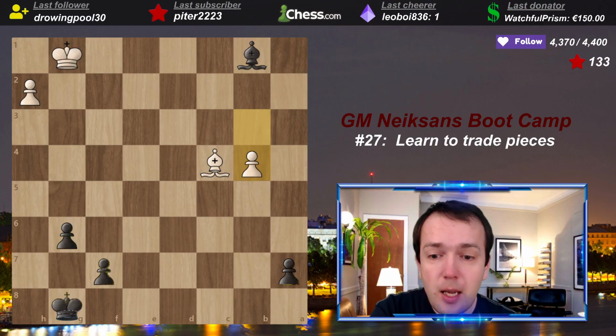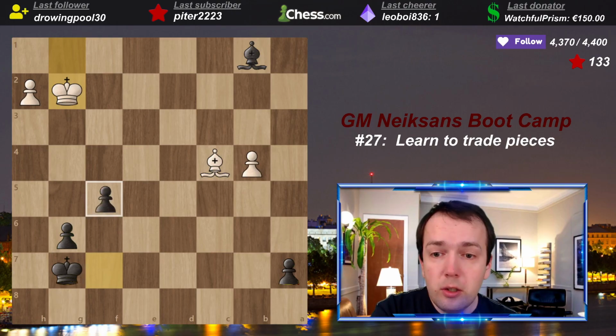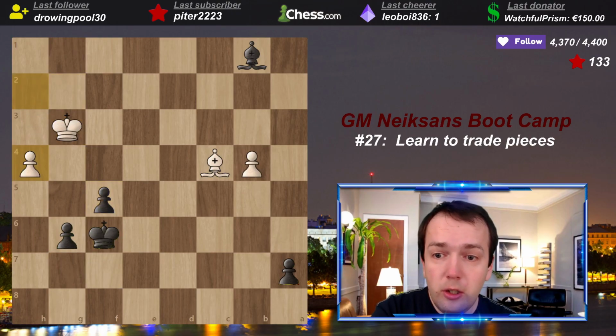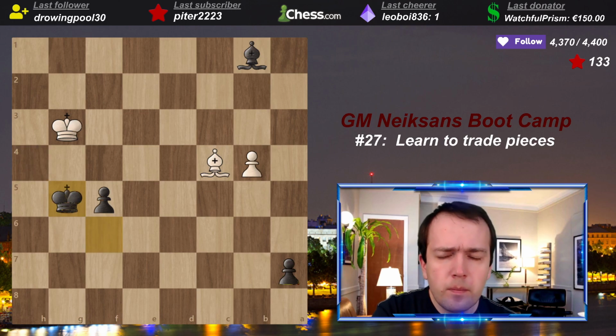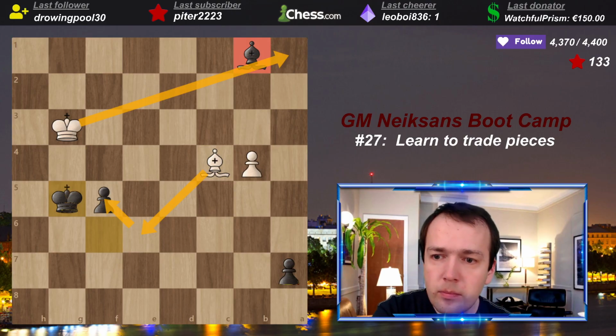For example, let's say I push it here, fast forwarding. Is this going to be enough? To be honest, this already looks like an easy draw. King goes here. I sacrifice the bishop for this pawn. Whoops. Wrong corner.